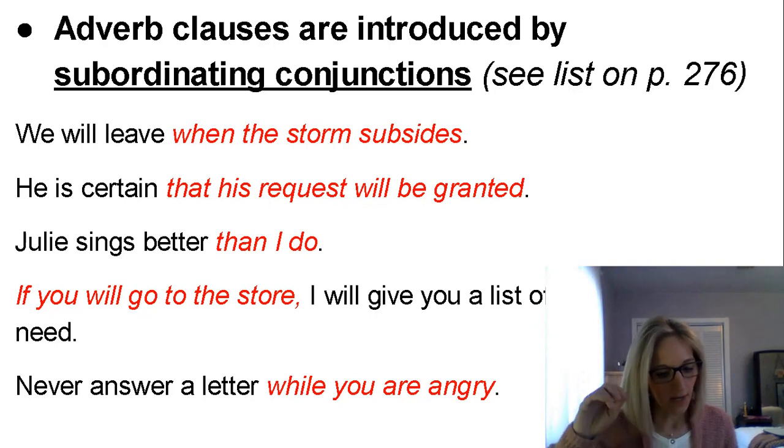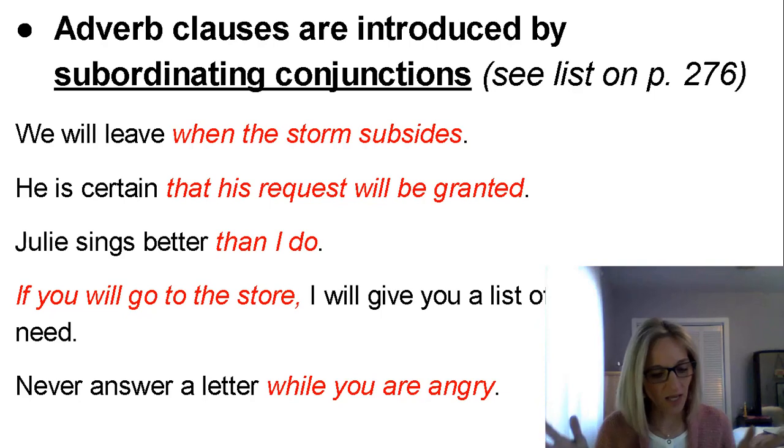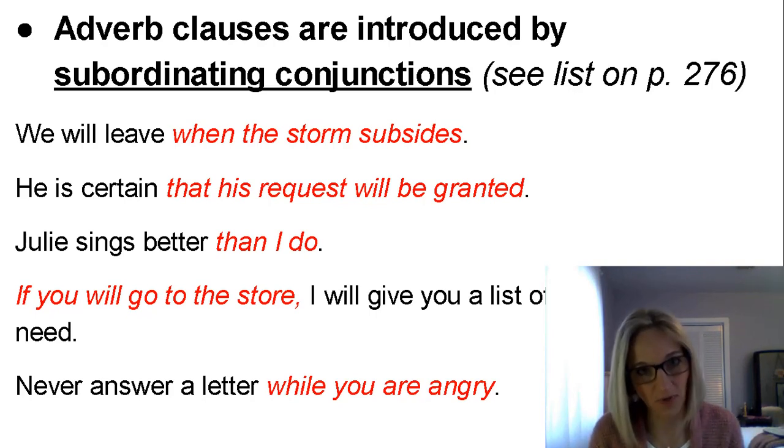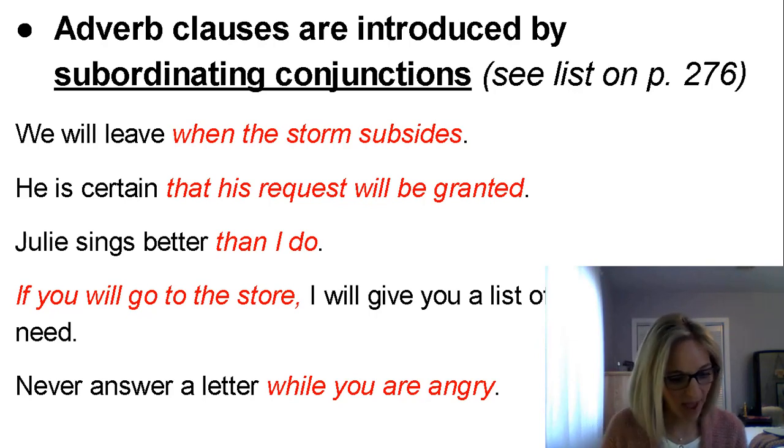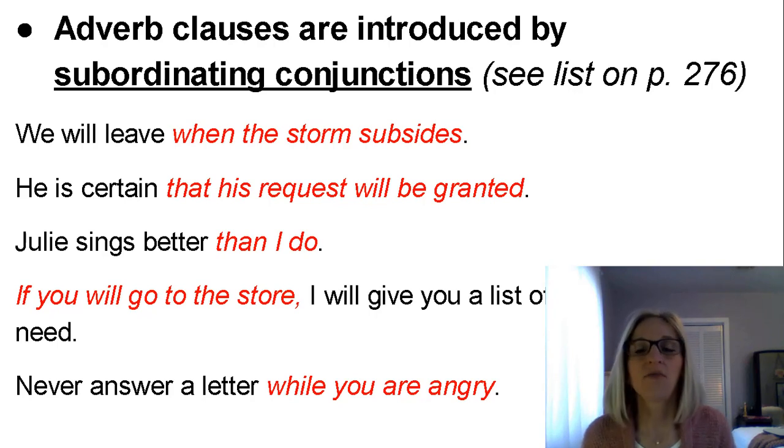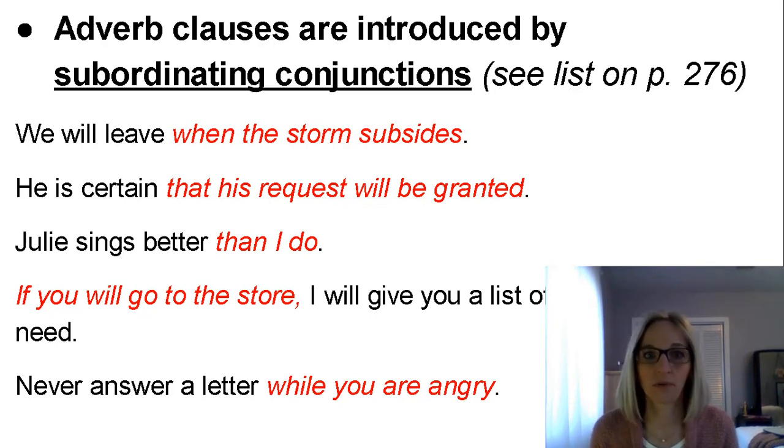After, although, as if, as much as, as long as, as soon as, because, before, if, in order that, lest, since, so that, than, that, though, unless, until, when, whenever, where, wherever, whether, while. Now you notice a couple of those words, like that and when, can also be used to introduce adjective clauses or noun clauses. So be careful to double check and make sure that the clause beginning with that word is acting like an adverb before you label it that way.